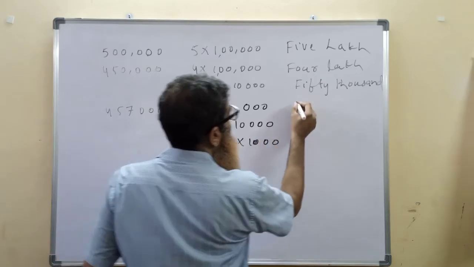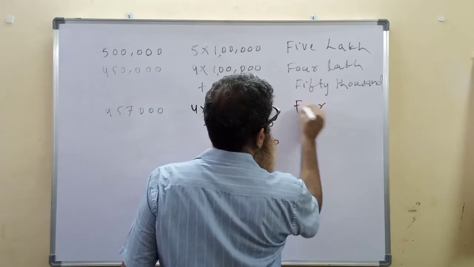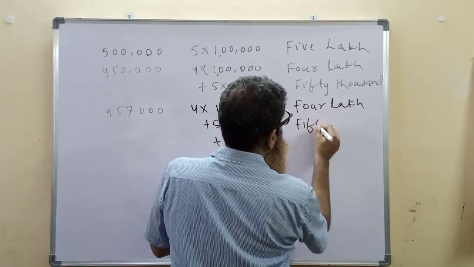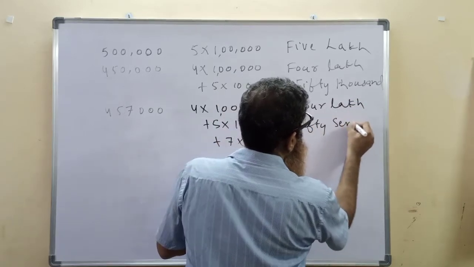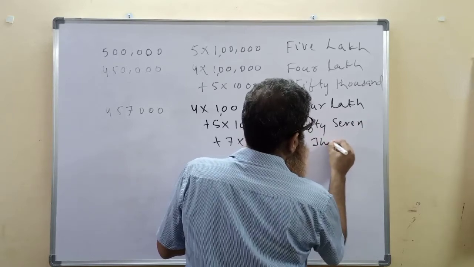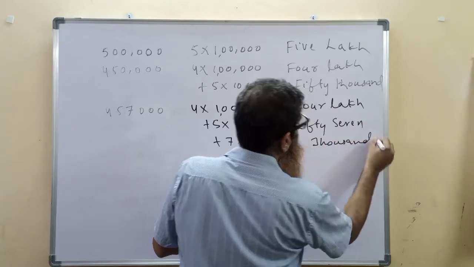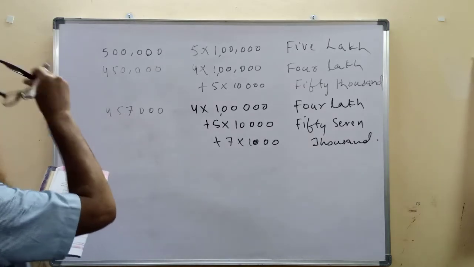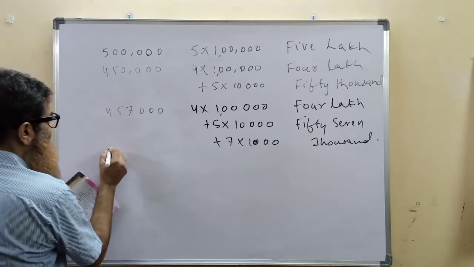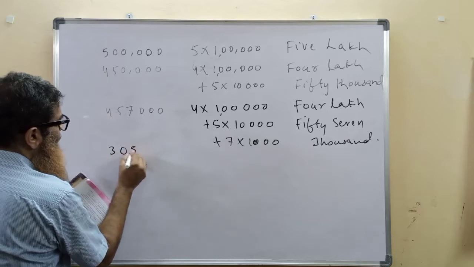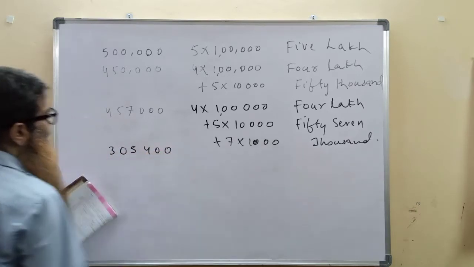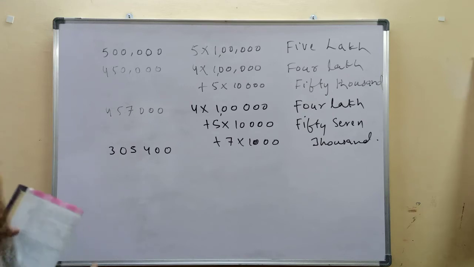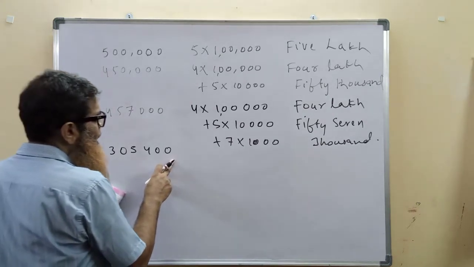So we have 4 lakh 57,000. Then we have 3 lakh 5,400. If you find difficulty in understanding these numbers, begin reading it from the units place.